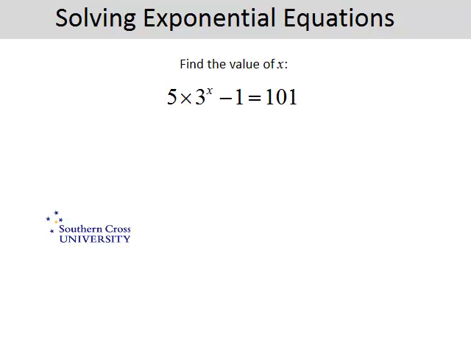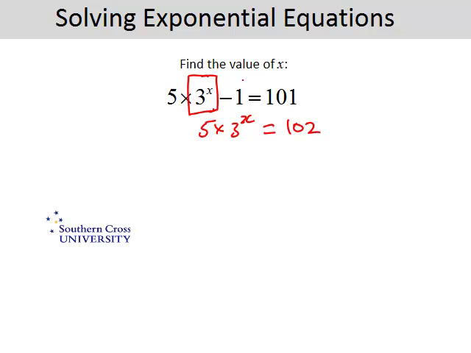Now this one's a lot more complicated because this is our exponential bit, and we need that on its own before we can start taking the log of both sides. But over here it's been multiplied by 5, and then 1 was taken away. So we need to get rid of the 1 and the 5 in order to get 3 to the x on its own.